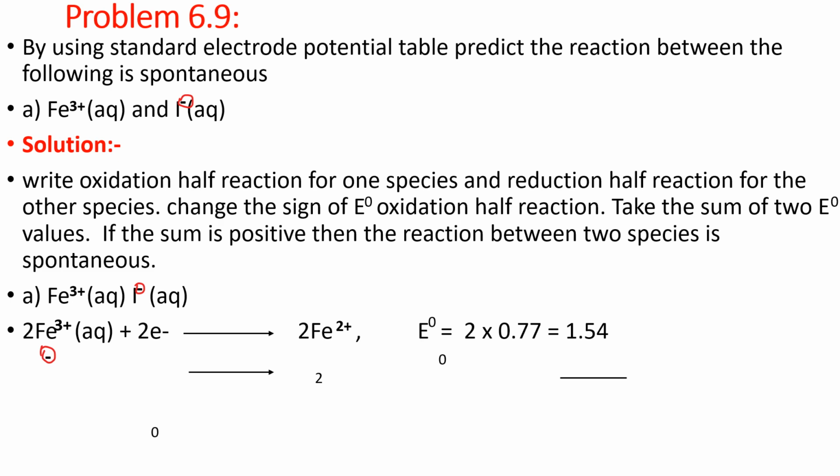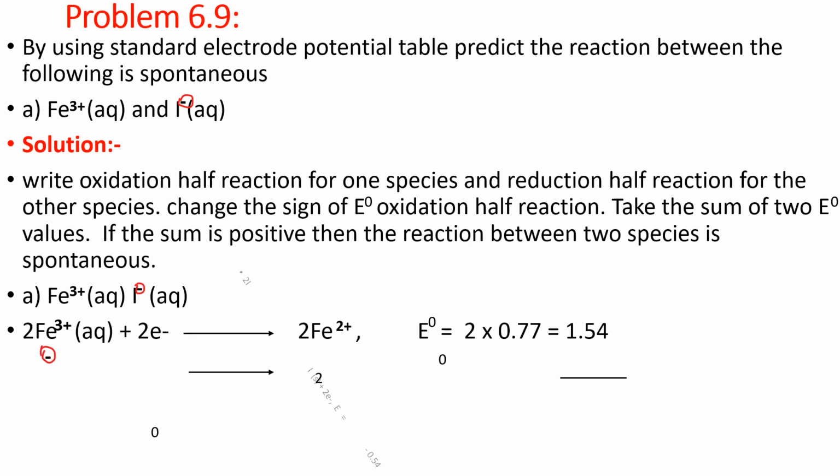This paragraph tells you what type of reaction it is. First write down the reaction Fe3+ plus I minus. Then write 2 Fe3+ plus 2 electrons gives 2 Fe2+, with E0 value 0.77, so 2 into 0.77 gives 1.54.